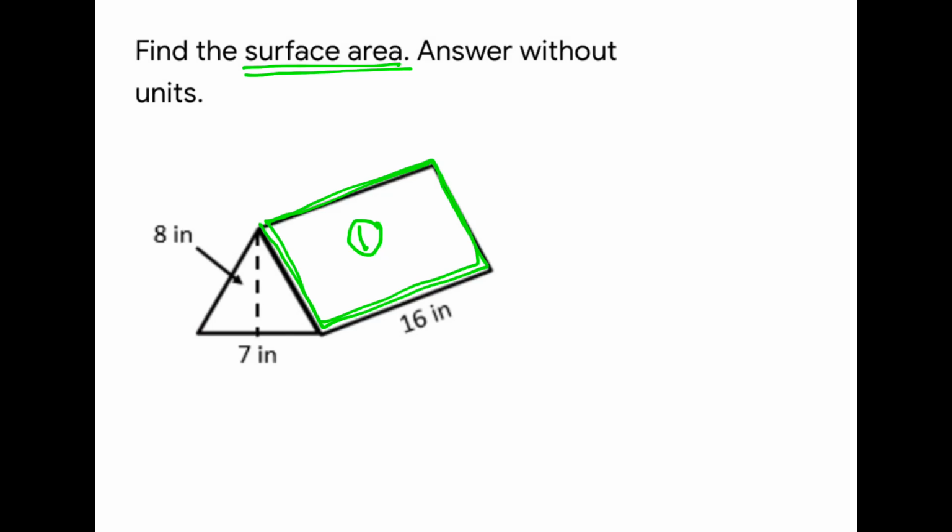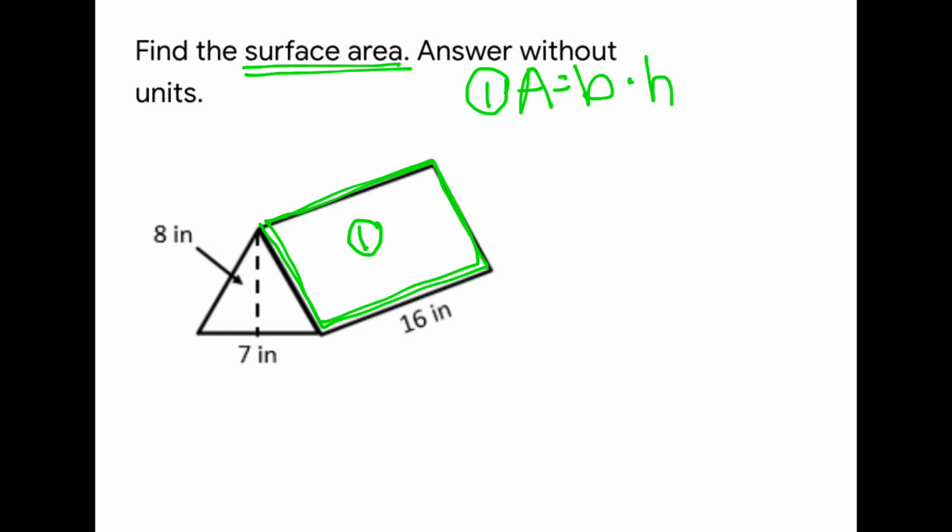This is a rectangular or a rectangle. We are going to find the area of the base times our height. We can easily see our base, but we are unsure of our height.